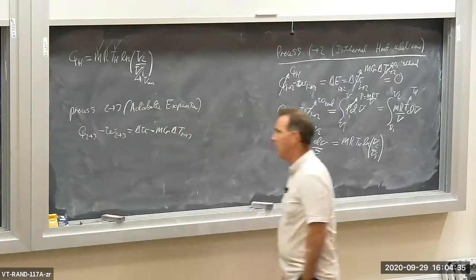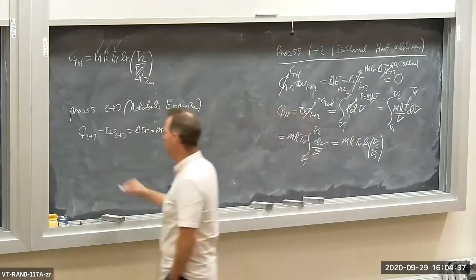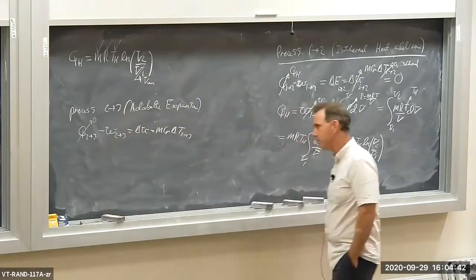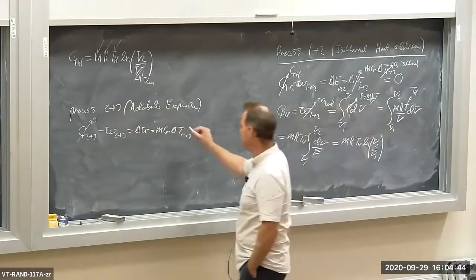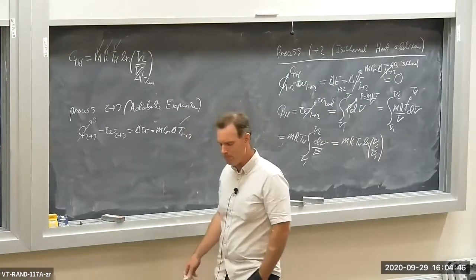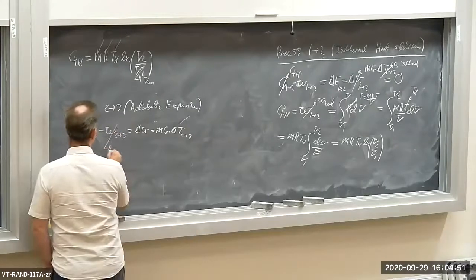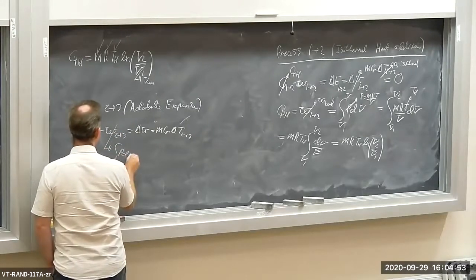Now, it's an adiabatic process, so this goes to 0. I know what the temperature difference is, delta T. And I know that the work is boundary work, so this is equal to the integral of PdV.